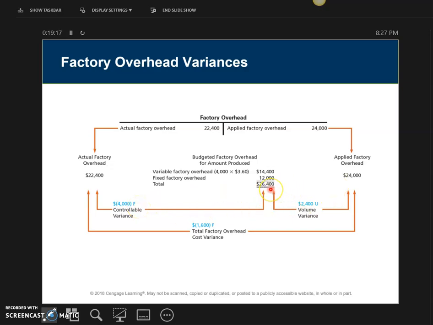Over here it's 26,400 minus 24,000, that's positive 2,400. Then I add these two numbers together to get this. So this concludes my factory overhead variances for chapter 22.